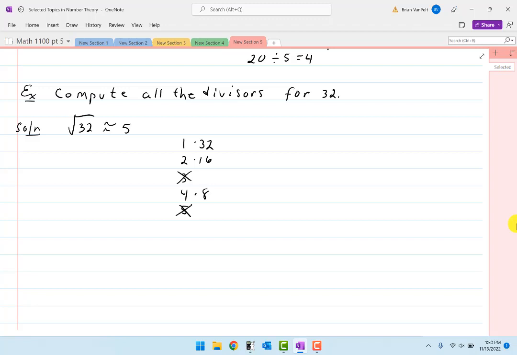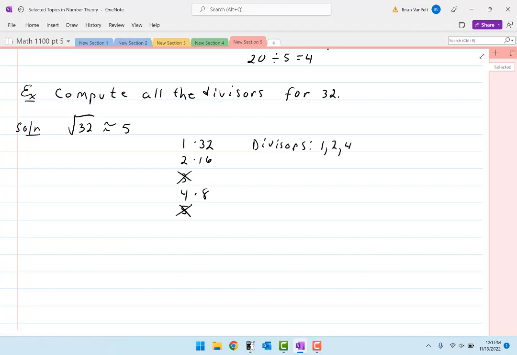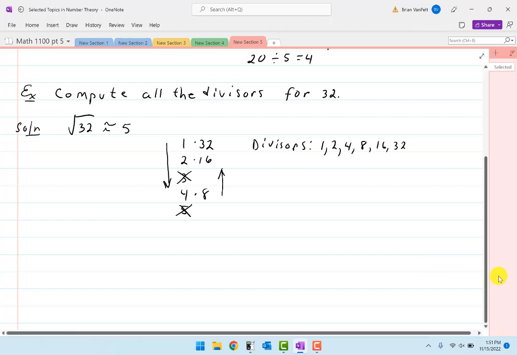So what we do to list all of our factors is look at this list and go down this column and then up this column, and it lists them all in order. So for my divisors, we have 1, 2, 4, 8, 16, and 32. The way that I read them, I read down that side and up that side.